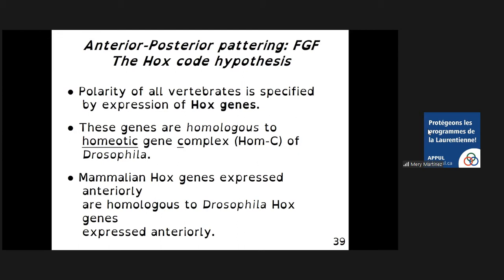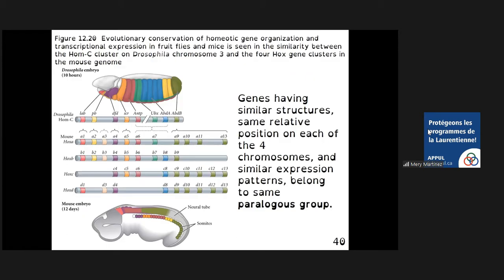So genes that control the development of the head of Drosophila have homologs that control the development of the brain in mammals. That's what I want to say. And this is what we see in this image over here. This is the evolutionary conservation of the homeotic gene organization in vertebrates. And we have the Drosophila and the mouse underneath in the image.